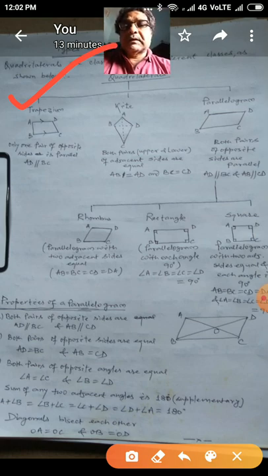So let us classify the quadrilateral, that is types of quadrilateral or classification of quadrilateral. First of all the quadrilaterals have been classified into three categories. One is trapezium, another is kite, and third is parallelogram. Just let us see each type of these quadrilaterals, how they will be defined.